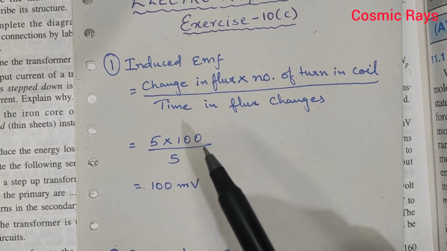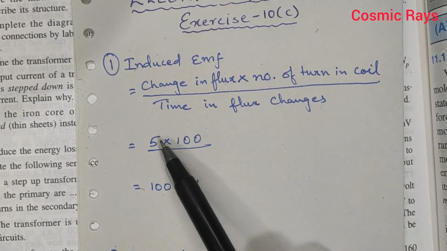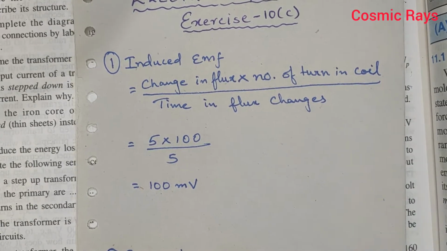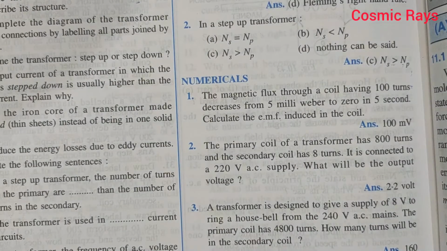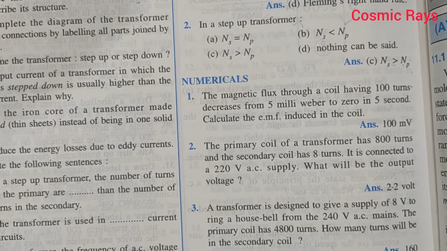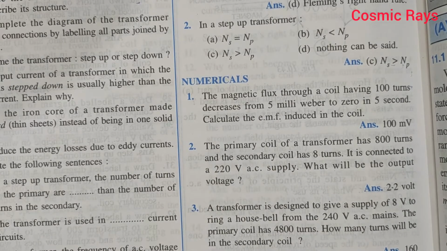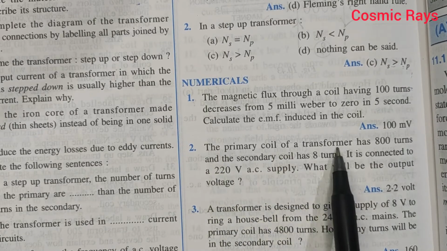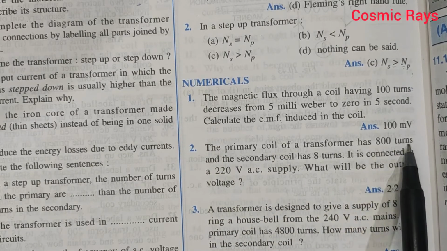So you just cancel out 5 and 5, and 100 is the answer for the first part of the question, 100 millivolt.